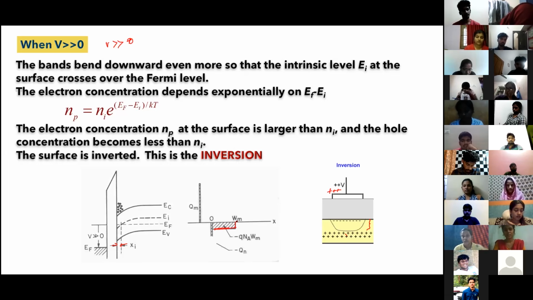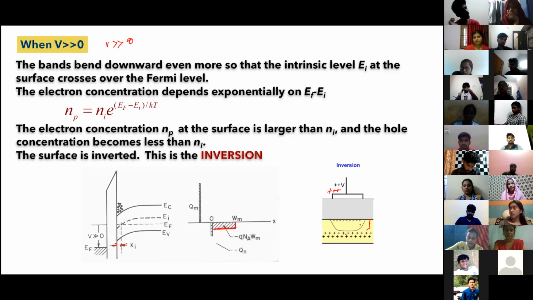This WM, the width of the depletion layer, is being extended in the semiconductor side, and you see that the depletion layer is really huge. The thickness is being increased, and the capacitance is like CS1, maybe we say, because it's with a huge depletion layer.